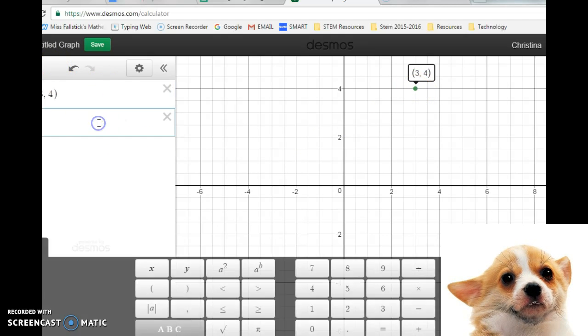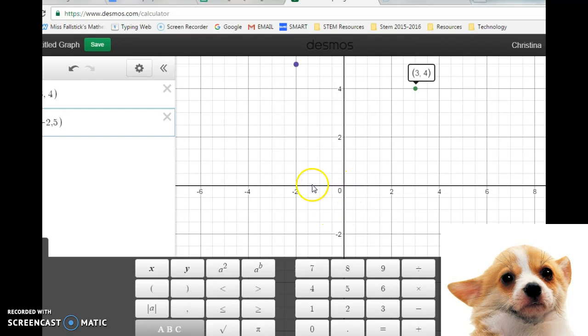Now let's do another example. I'm going to say (-2, +5). I'm going to start at my origin. I'm going to go over -2 and up +5.